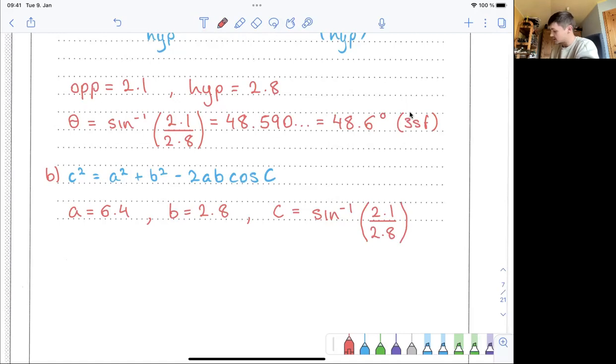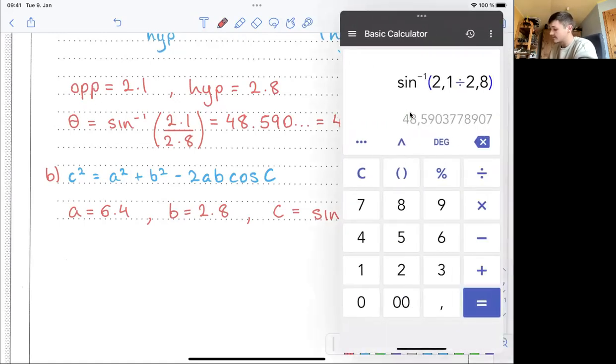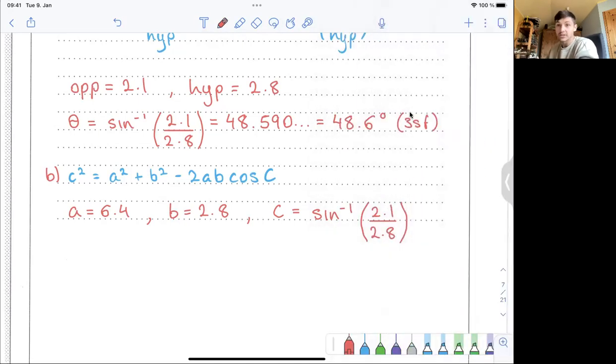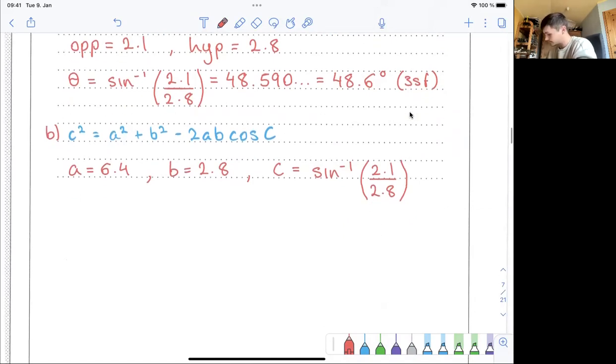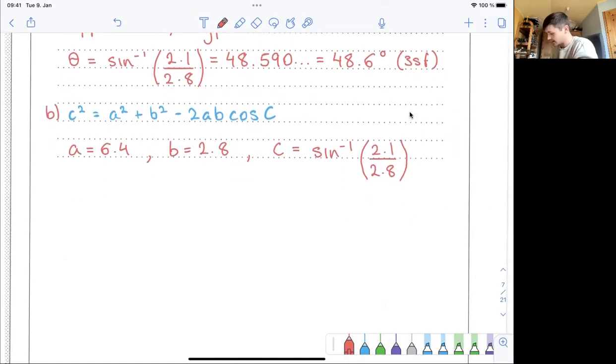Now, when I use this, it's going to give me the full answer of 48.59, and so on and so forth, all right? And it will save me from potentially making a mistake where I round too early or use rounded answers in my working for a next question. All right, very easy mistake to make, yeah.